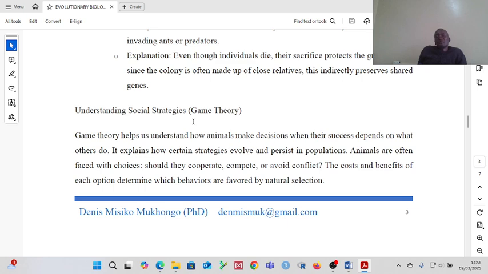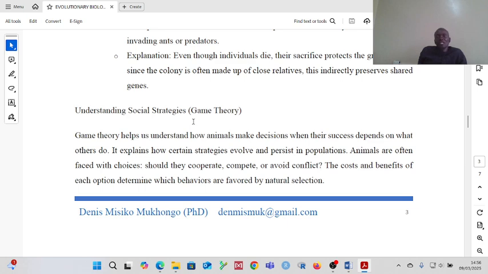So if the benefits of cooperating are more than the costs, then you choose what is more beneficial. If the benefits of competing are more than the costs, you choose what is more beneficial. If you think that by avoiding this conflict you benefit more, then you choose the most beneficial way.